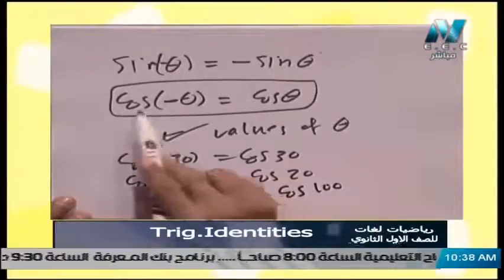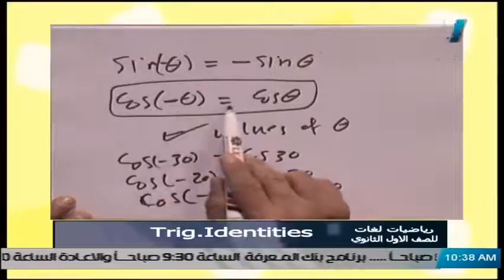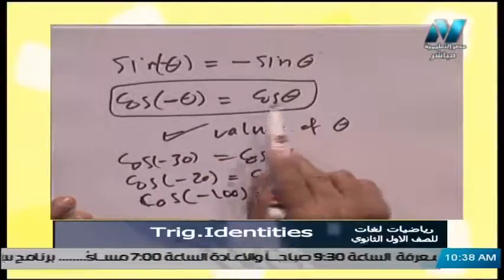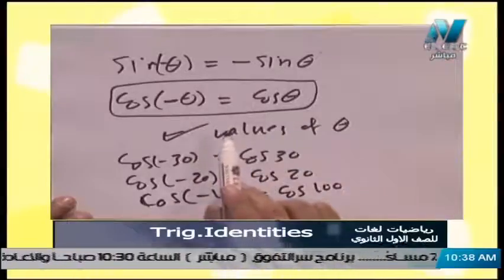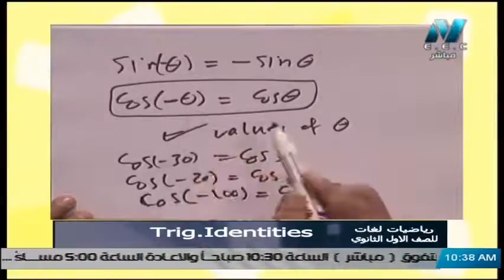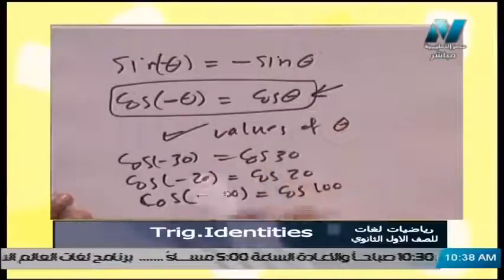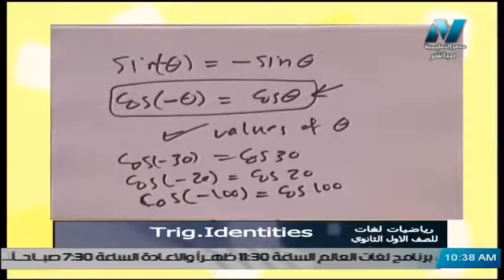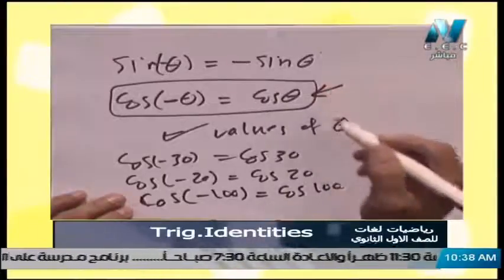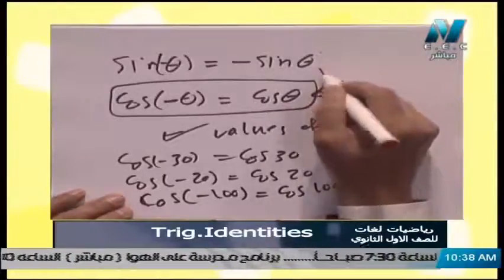So cosine negative theta equals cosine theta all the time, whatever theta is. So now you can say that cosine negative theta equals cosine theta is not just an equation, but an identity.